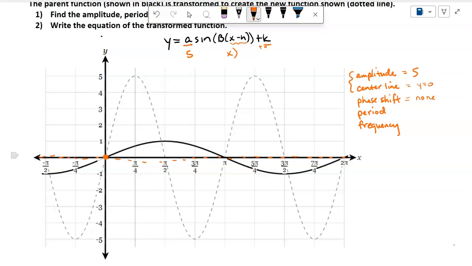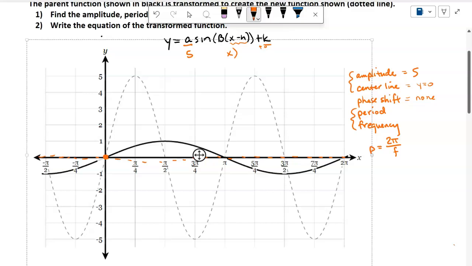Next thing we want to do is attack the period and the frequency. What you see in the graph is the period. What you see in the equation is the frequency. And so we have to be able to convert between period and frequency freely. The period is equal to the normal period of the parent function, which is 2 pi, divided by whatever frequency we see, and vice versa.